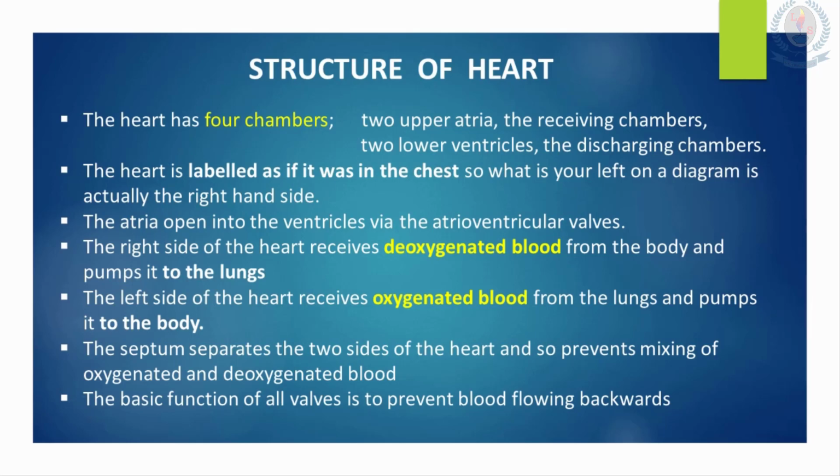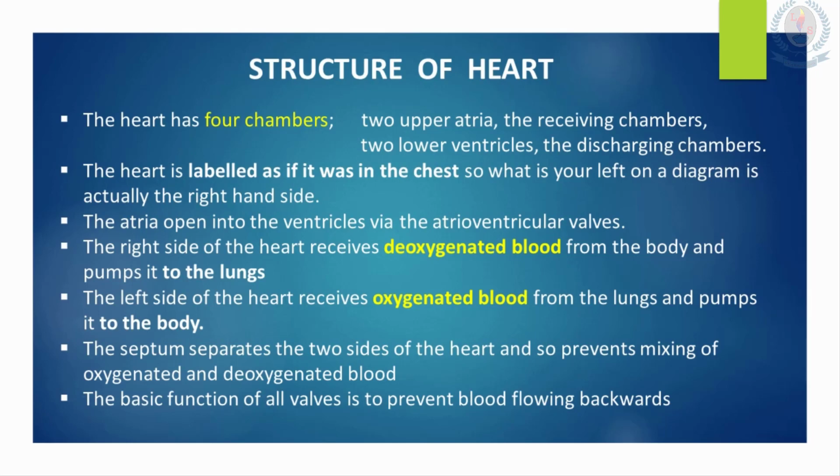The heart is divided into left and right sides by septa. The main function of septa is separating the two sides of the heart, so it can prevent the mixing of oxygenated and deoxygenated blood.